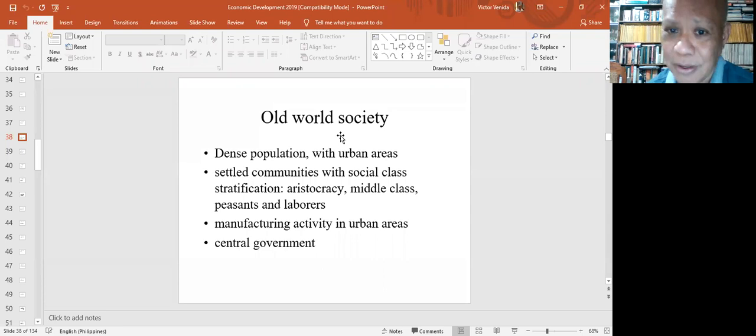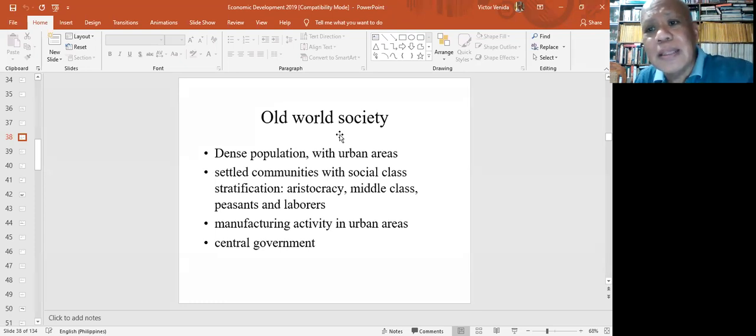They've been there for centuries. The characteristic of settled communities is that they do have social classes and there is a good deal of social class stratification. You'd have the aristocracy, what the Europeans call middle classes, and you have the peasants and laborers, which I'll discuss in the next slide.